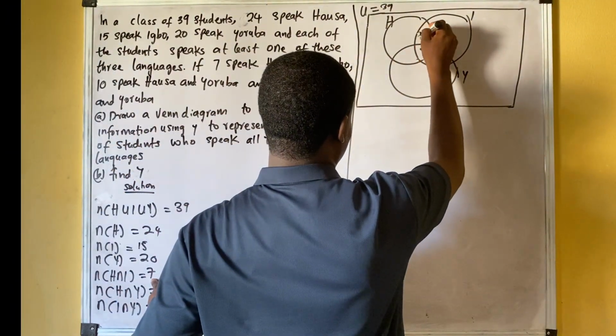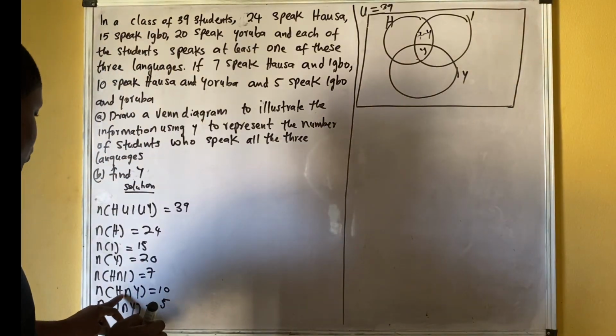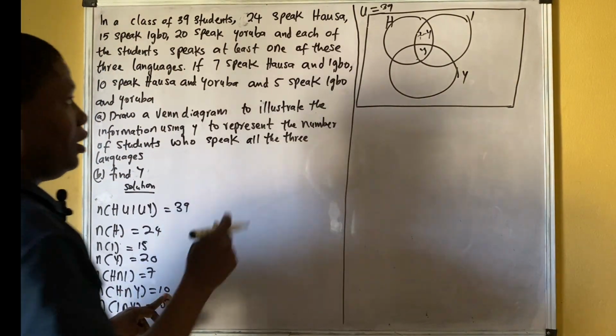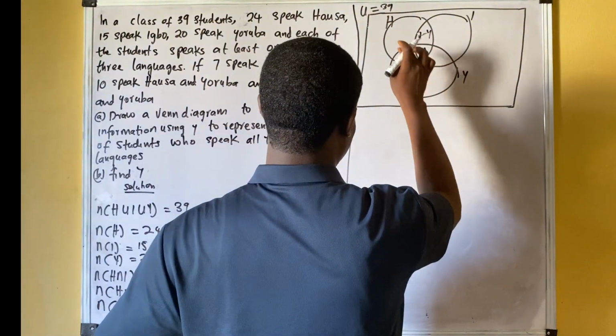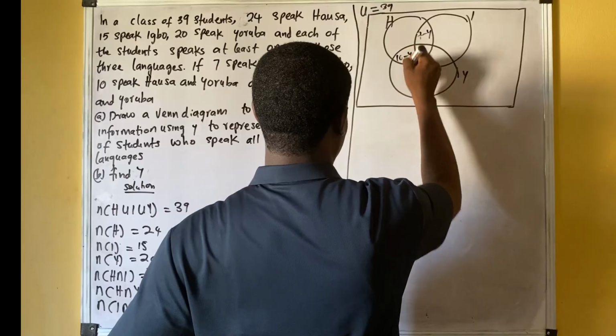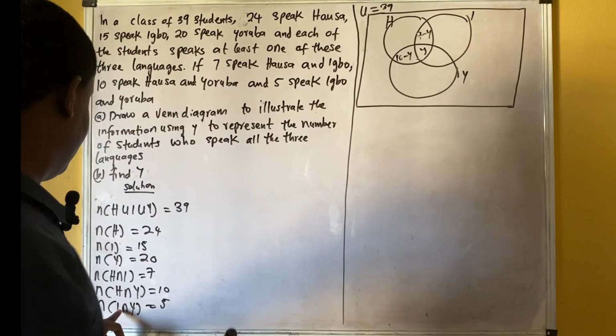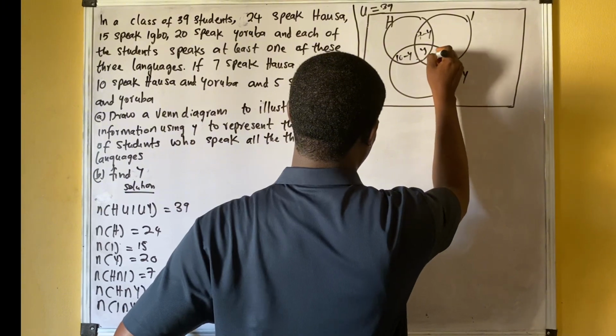So we have 7 minus Y, right? And we are told that those who speak Hausa and Yoruba is 10. So we have to subtract Y from it. So we have 10 minus Y. And those who speak Igbo and Yoruba is 5. So you have to subtract Y from it. So we have 5 minus Y, right?